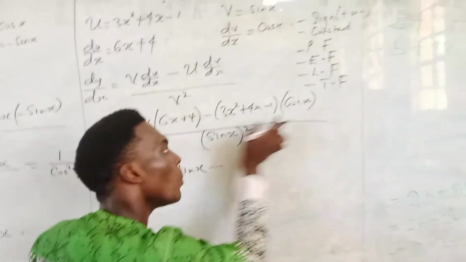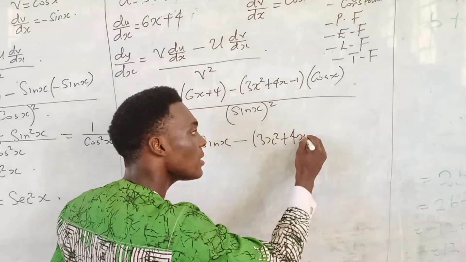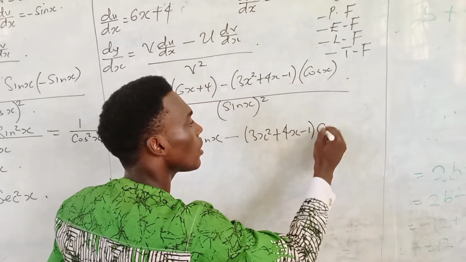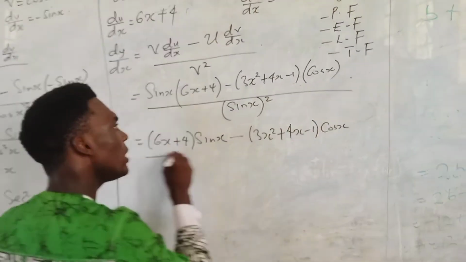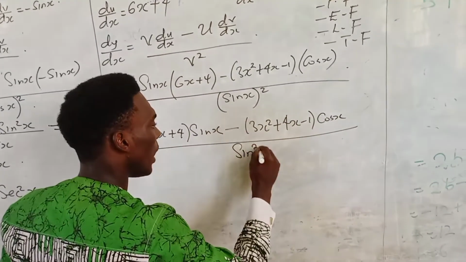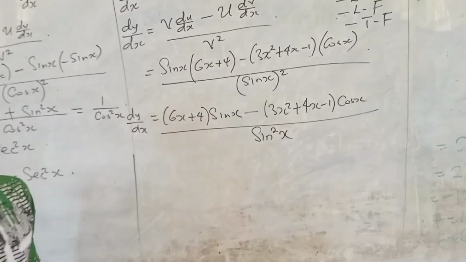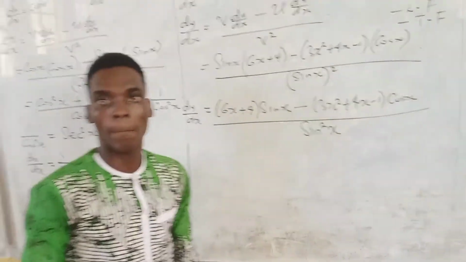Then between these two, power function comes before trig function. You have 3x squared plus 4x minus 1 cos x. Everything divided by sine squared x. Now this is the result for this problem.